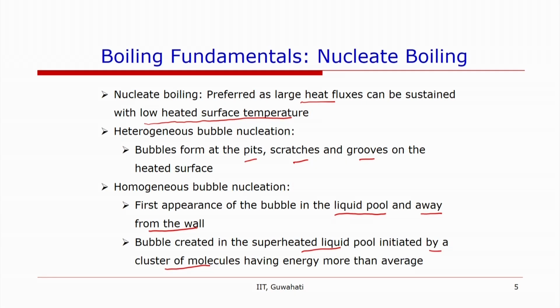Okay, we are not going into the details of this bubble nucleation, but in any standard boiling book you can find the different relations for bubble nucleation and further details of heterogeneous bubble nucleation as well as homogeneous bubble nucleation.